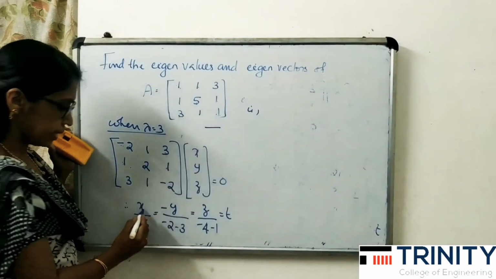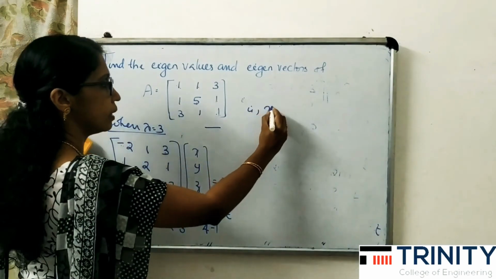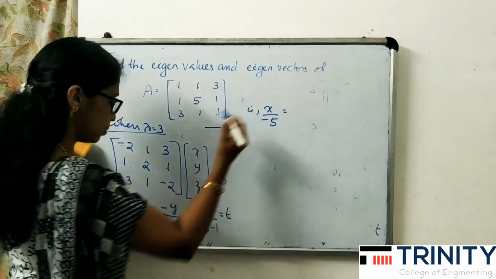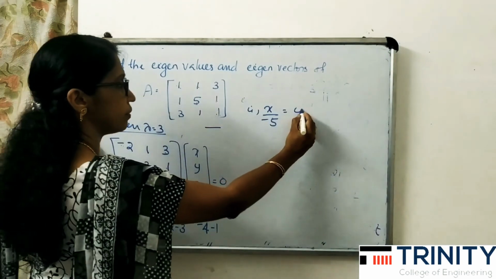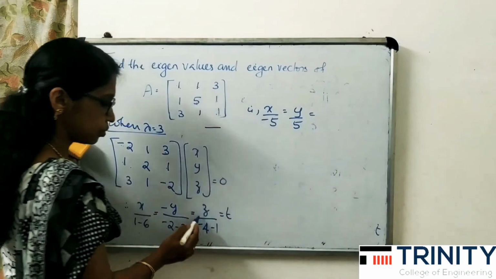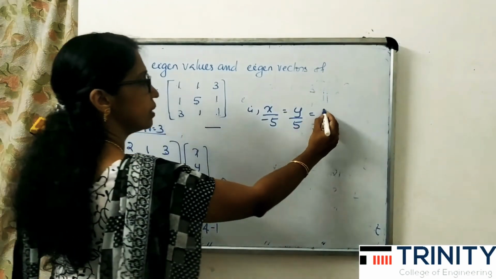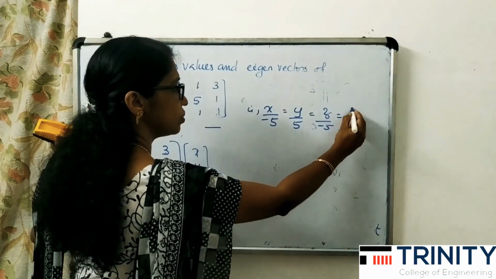That is, x by minus 5 is equal to minus y by minus 5, that is y by 5, is equal to z by minus 5, is equal to t.